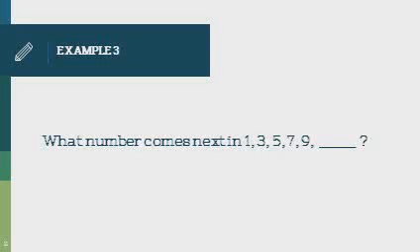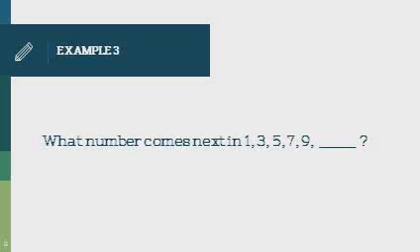What number comes next in 1, 3, 5, 7, 9? So, kailangan nyo i-observe muna kung ano ba yung pattern o kung ano yung difference ng numbers. Tapos i-observe nyo kung pare-pareho ba yung difference between numbers. So, you may use subtraction.